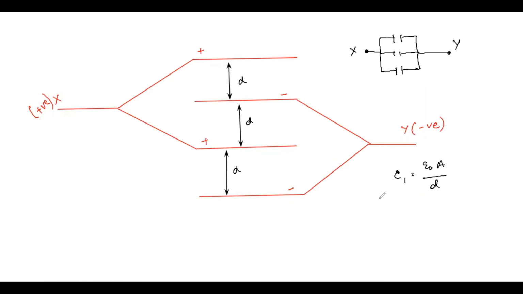So when we find our equivalent capacitance, it is 3 C, and for each of them C is epsilon naught A by D. So our final equivalent capacitance is going to be 3 epsilon naught A by D. Alright, this is how we can find capacitance for such an arrangement.